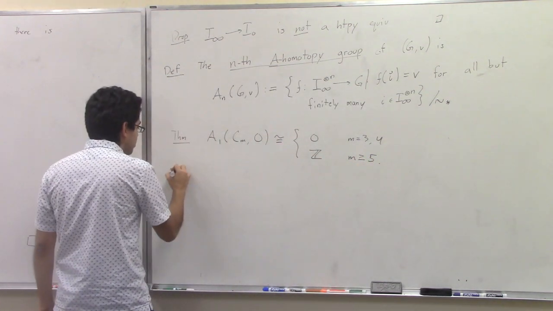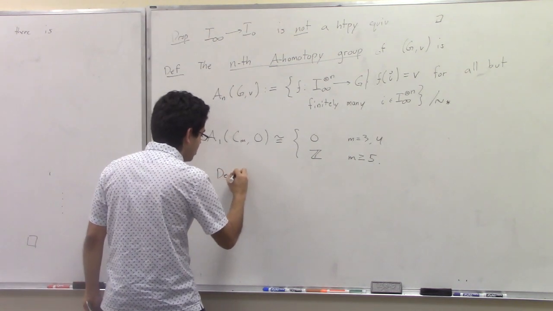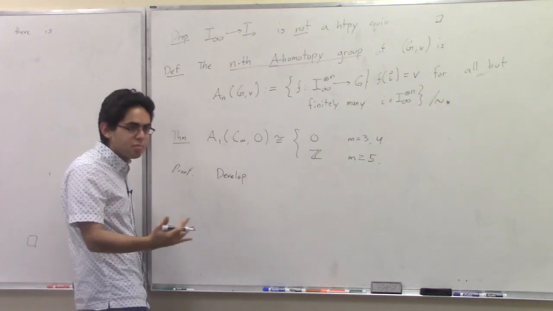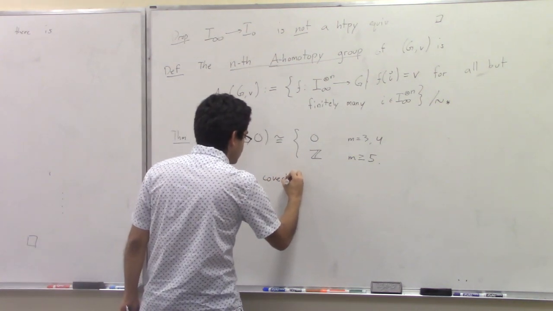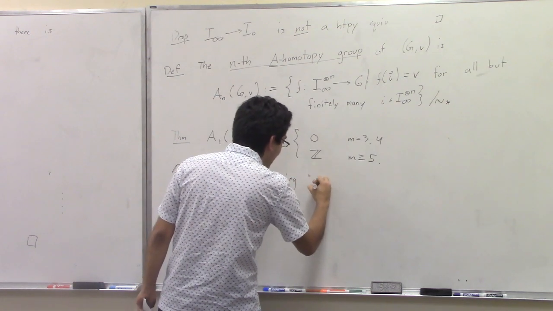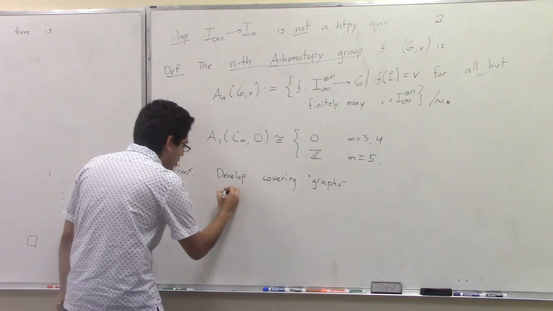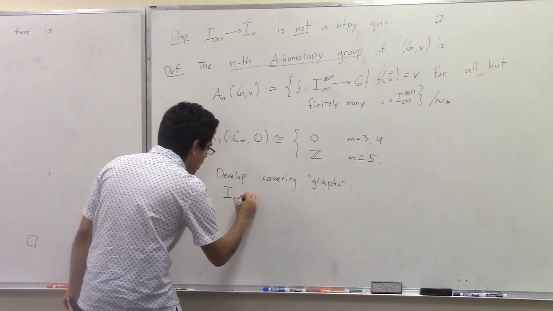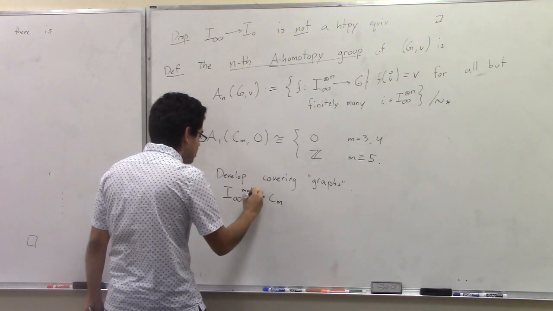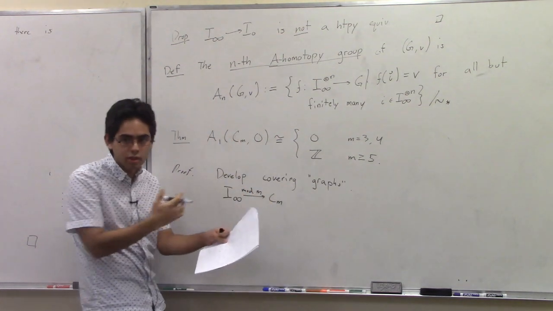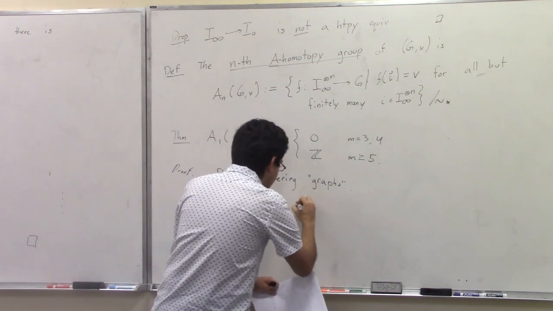And the way that you'd go about proving that is you would develop the theory of covering spaces for this world of discrete homotopy theory. So you'd maybe develop covering graphs. And then you would show that the map from I infinity to Cm, which I'll write as mod m, that's just wrap around this cycle infinitely many times, is the universal cover.